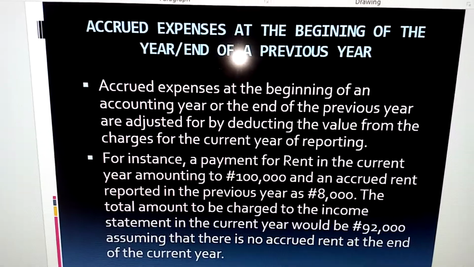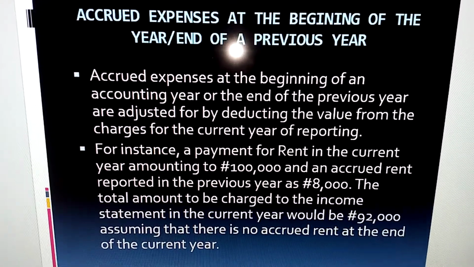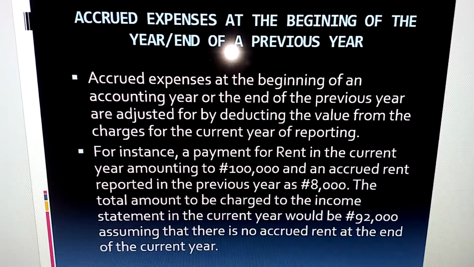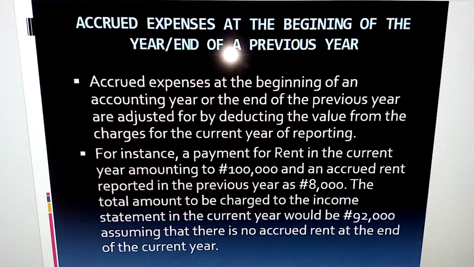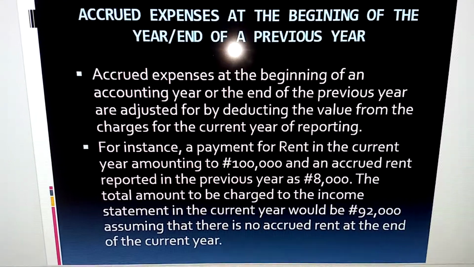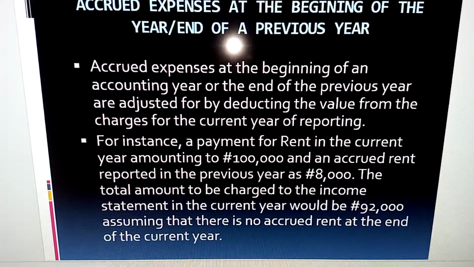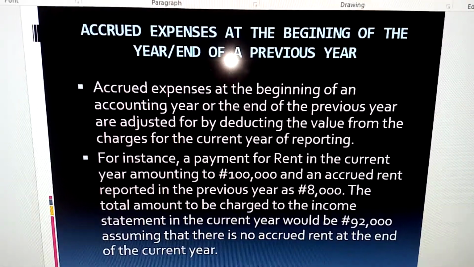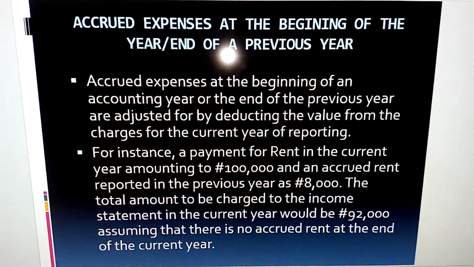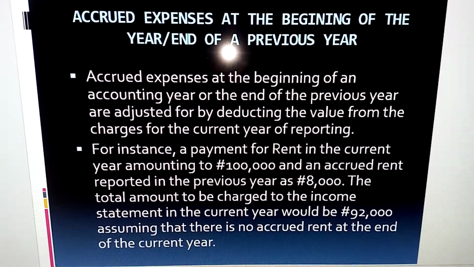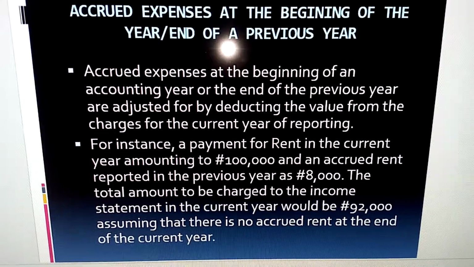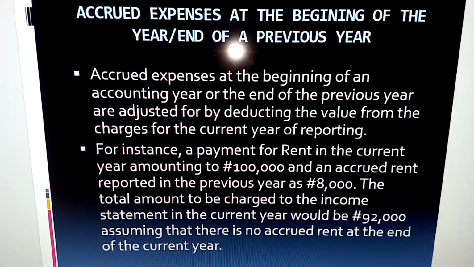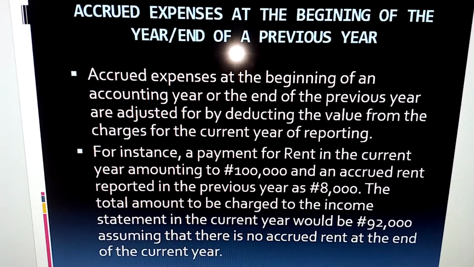Now we can have accrued expense at the beginning of the year. Remember I told you, the beginning of a particular year can as well be the end of the previous year. So when you have accrued expenses at the beginning of an accounting year or the end of the previous year, your adjustment is to deduct the accrued amount at the beginning of the year from the value that is charged for the current year, or the value paid for the current year.